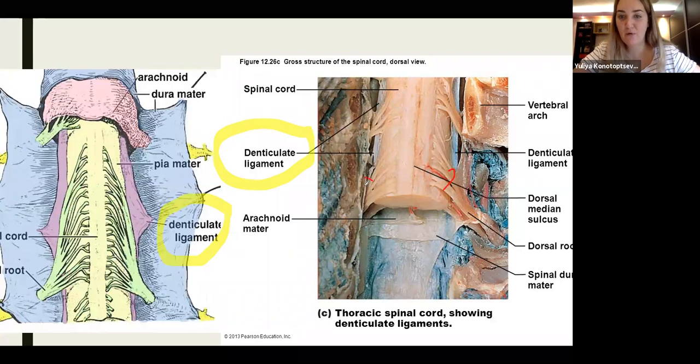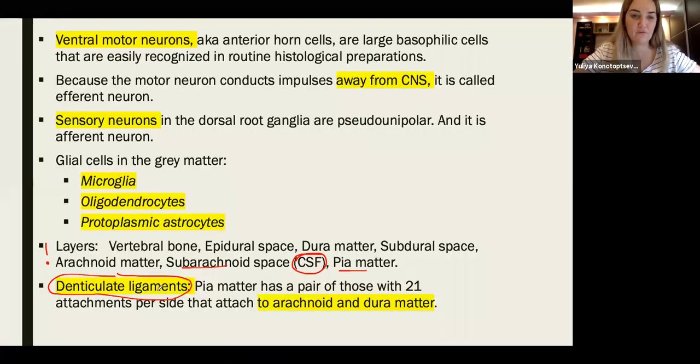So kind of coming out there. And you can see that it is covered by some sort of meninges. But there's some kind of triangular tissues which are attaching your spinal cord to arachnoid mater. Okay, so these denticulate ligaments, they are pia that is attaching to arachnoid.